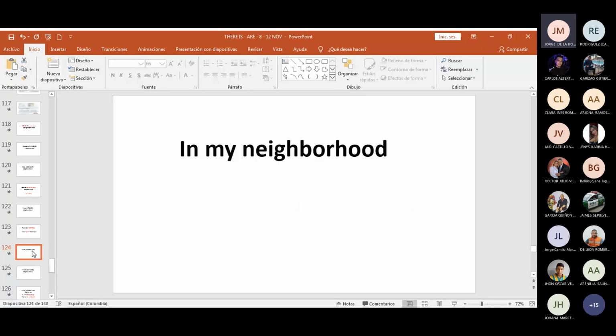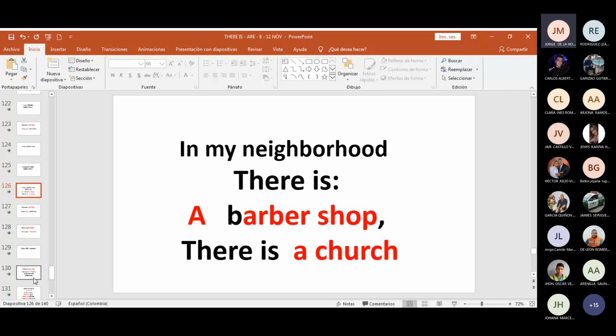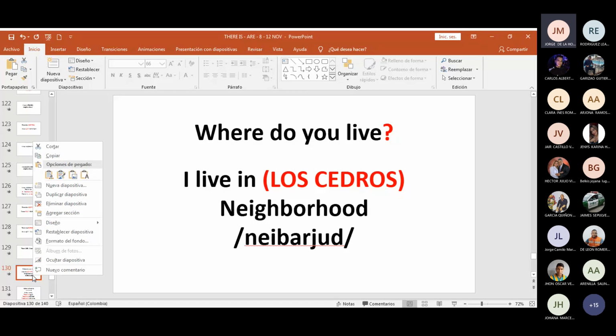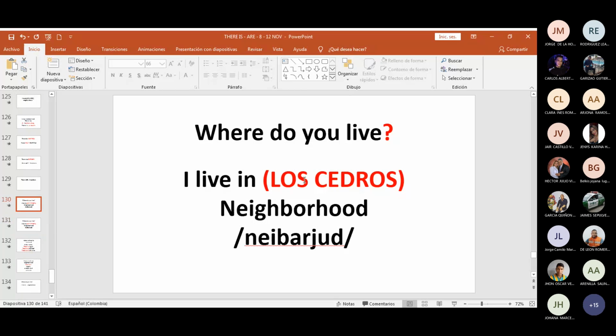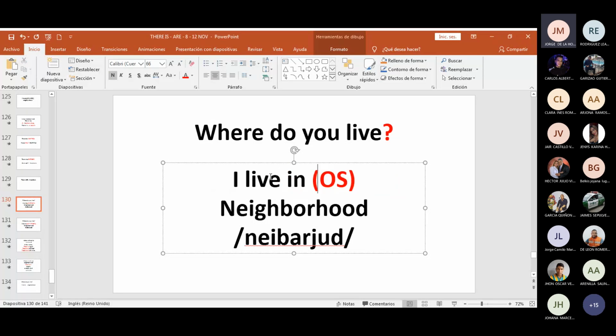Student, okay. Where do you live, student? Tell me. Where do you live? Student, where do you live? I have the question here. Where do you live? I live in La Playa neighborhood. Good. I live in La Playa neighborhood. Okay, very good, student. Another person, student. Where do you live? I live in Rebolo neighborhood.